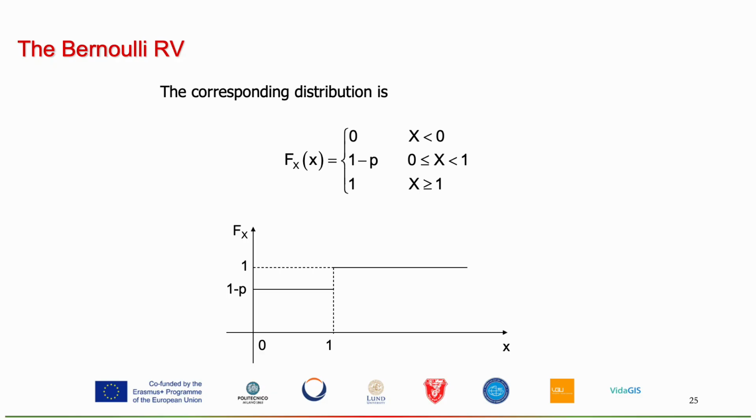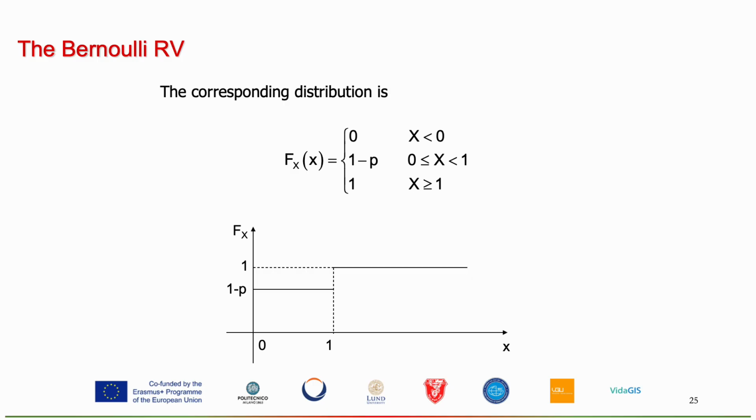Let's go to the cumulative distribution. We need to distinguish three possible intervals corresponding to the definition of the random variable. We see that for x smaller than 0, the cumulative distribution is equal to 0. What happens passing through 0? We are cumulating the probability of 0.